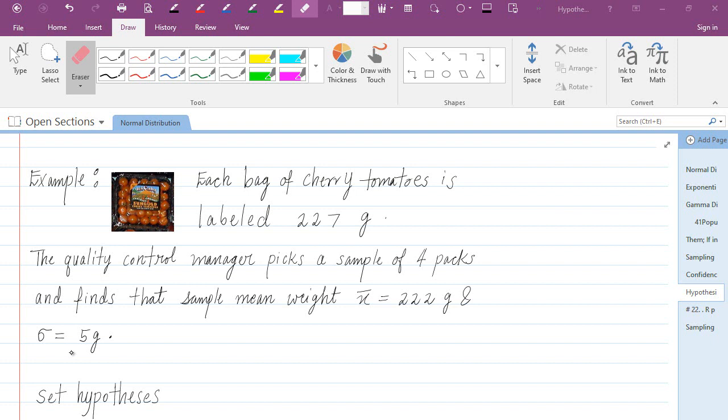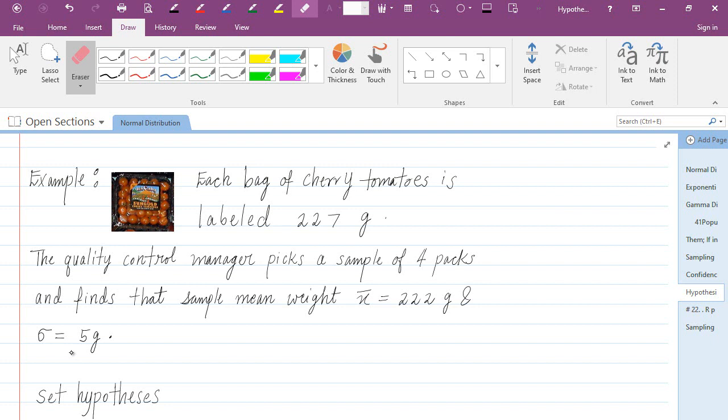The quality control manager picks a sample of 4 packs and finds that the sample mean weight is X bar equal to 222 grams. And also, let's say they found that the measuring equipment gives a standard deviation of sigma equal to 5 grams.